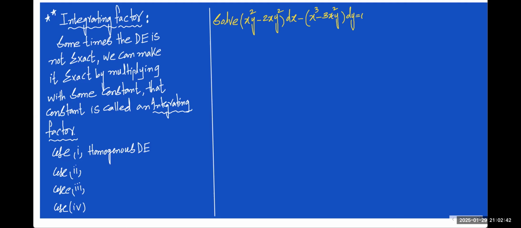This is your question. Can you tell me what that is? Is it in our standard form, m dx plus n dy form? Yes, sir. So what is m? x square y minus 2y square.